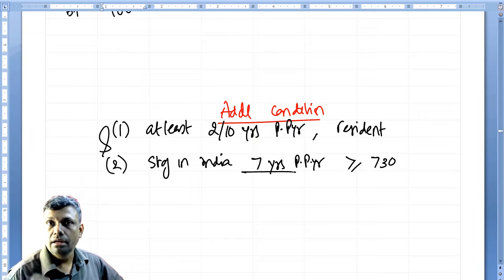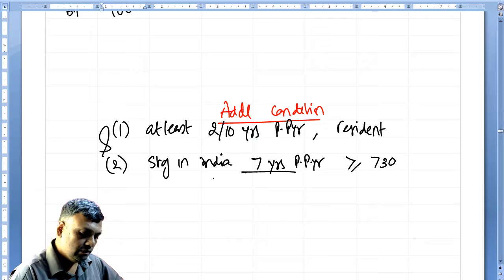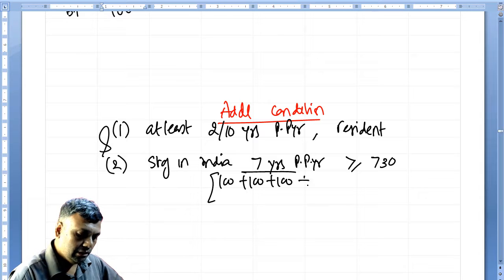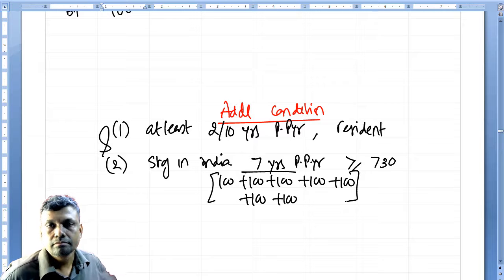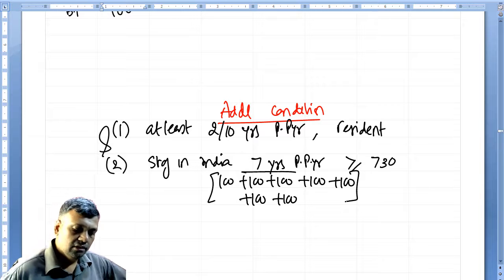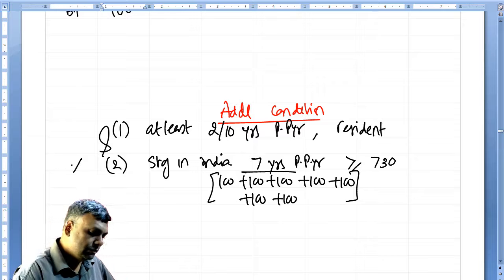But in the given question, it is 100 days every year. So this is going to be 100 plus 100 plus 100 plus 100 plus 100 plus 100 plus 100, 1, 2, 3, 4, 5, 6, 7. So condition 2 is not going to be satisfied.